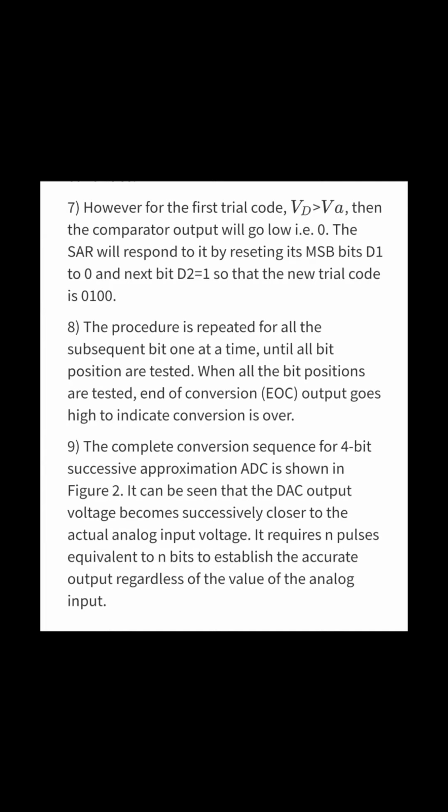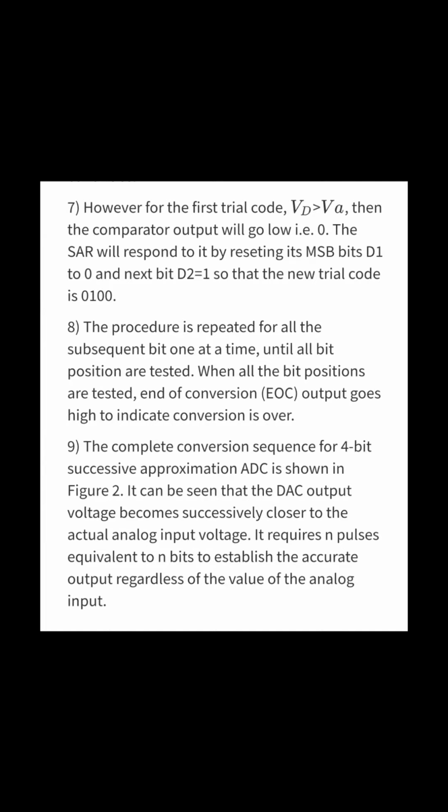Now if VD is greater than VA, then the comparator output will go low, that is 0. Then the SAR responds by resetting its MSB bit D1 to 0 and the next bit D2 to 1, so that the new trial code is 0100.